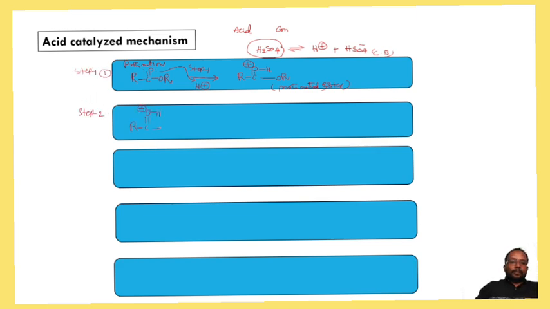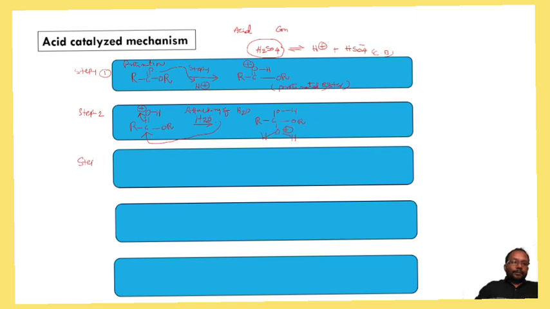In step 2, the protonated ester is attacked by H2O. This step is called nucleophilic attack of H2O. The oxygen of H2O, containing two lone pairs of electrons, attacks the carbonyl carbon of the ester molecule to form the nucleophilic addition product.